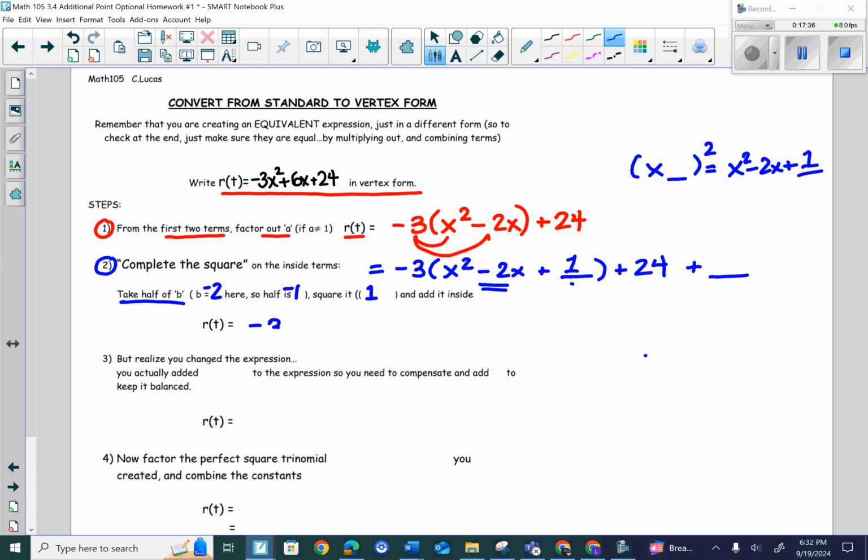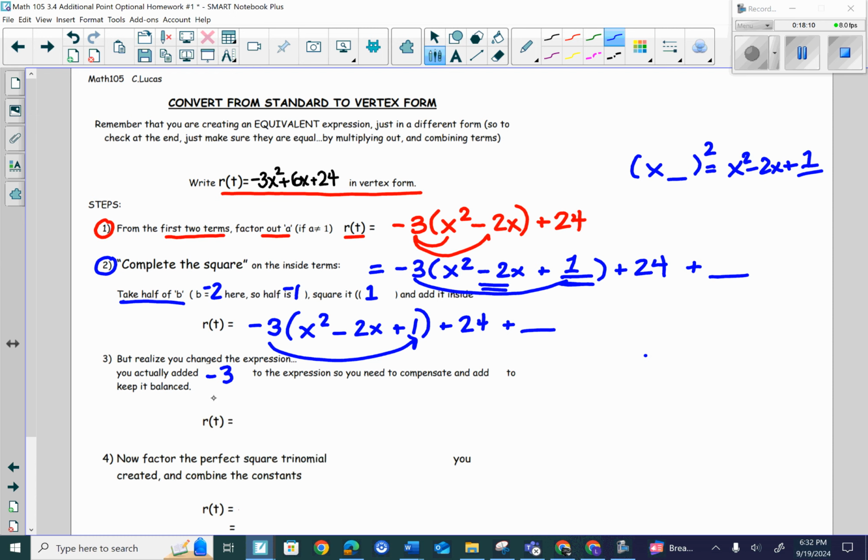So thus far, I have -3 times x squared minus 2x plus 1. That's a trinomial square. Plus 24 from the original, and then I have to figure out what I need to compensate. So I didn't just add 1 here. If you look really carefully, there's a -3 outside. So I actually added -3 to the expression.